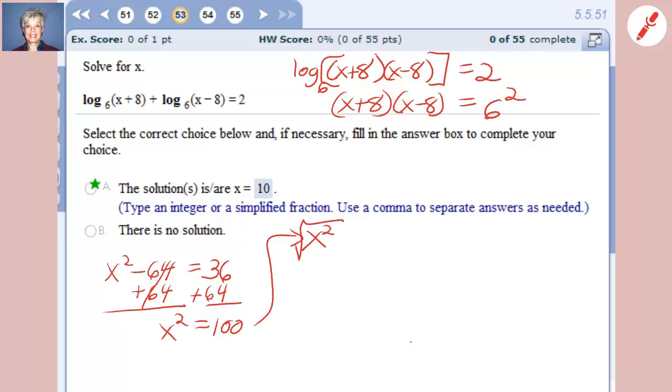I'll take the square root of x squared equals plus or minus the square root of 100. So x will equal plus or minus 10. But a negative 10 will make the arguments of the function equal a negative number, which is nonsensical. Therefore, we're going to go with x equals positive 10, which agrees with the answer.